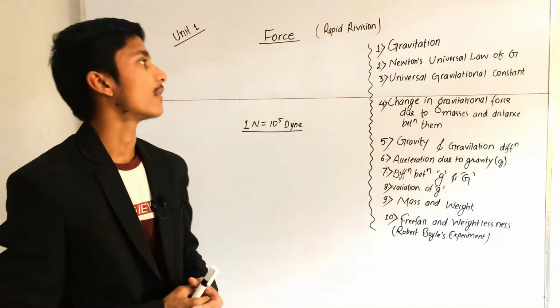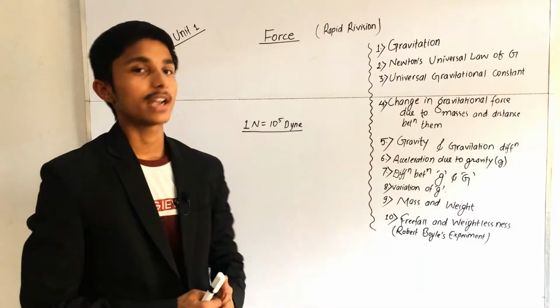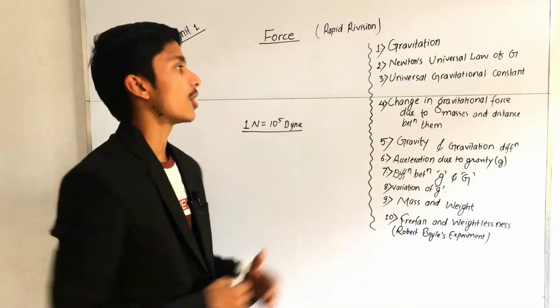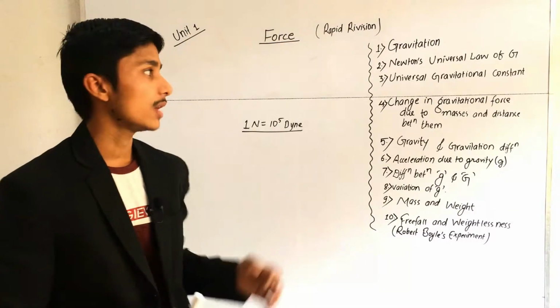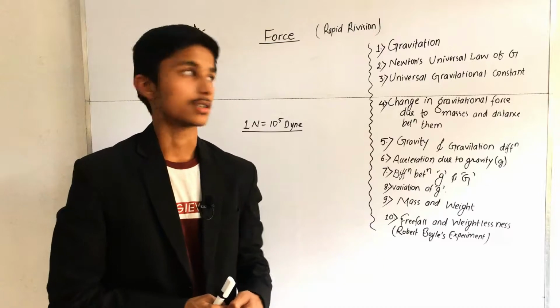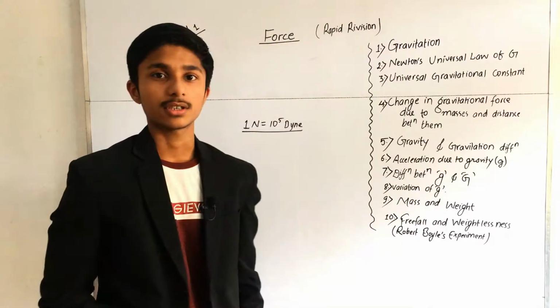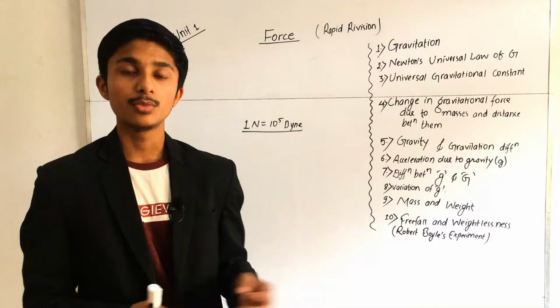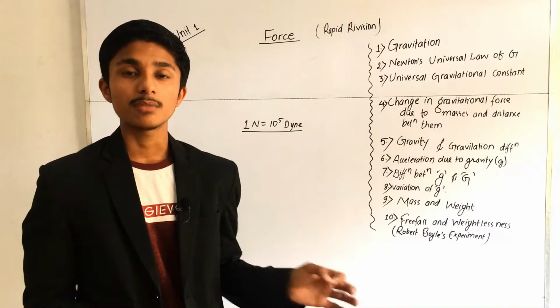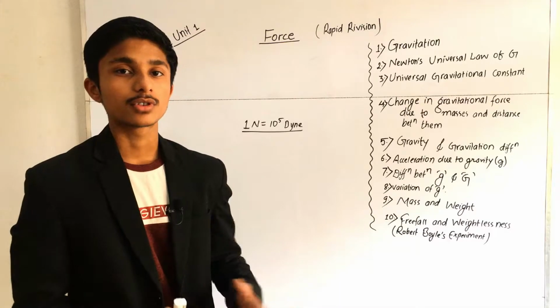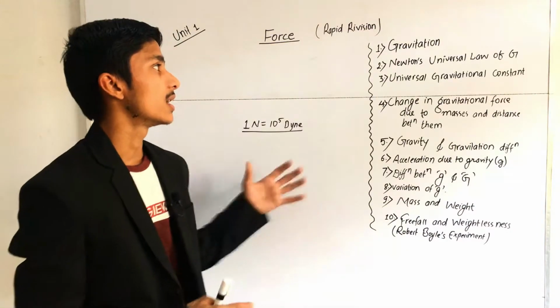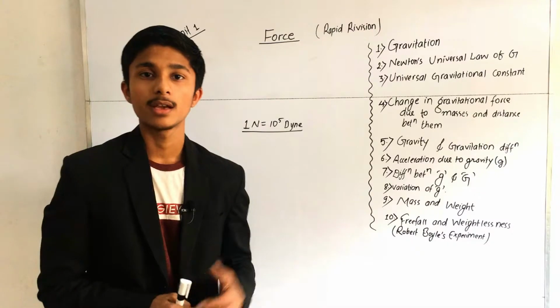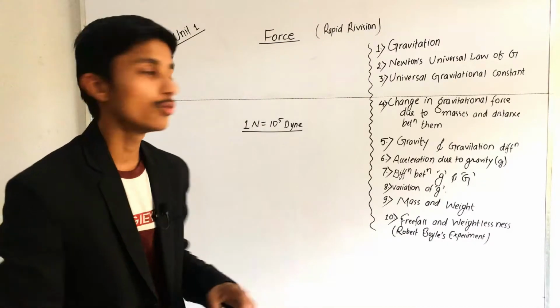Now we move to our next topic, that is gravitation. These are all the topics that we are going to discuss in this lecture. First one is gravitation. What is gravitation? The force of attraction between two bodies due to their masses. This is the force of gravitation, the force existing between two bodies.